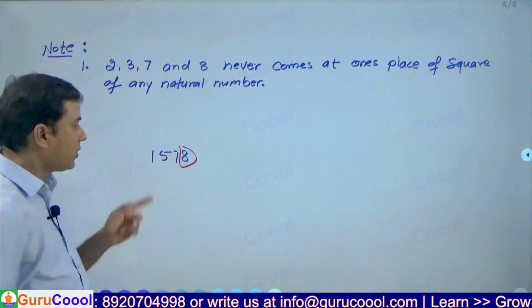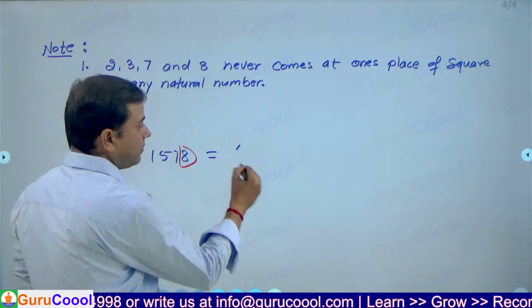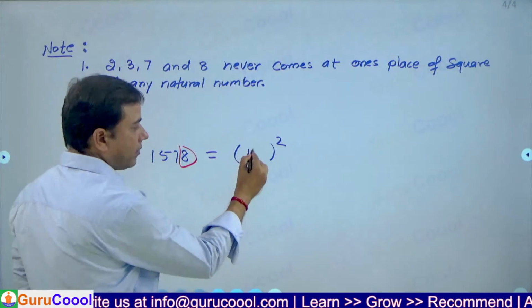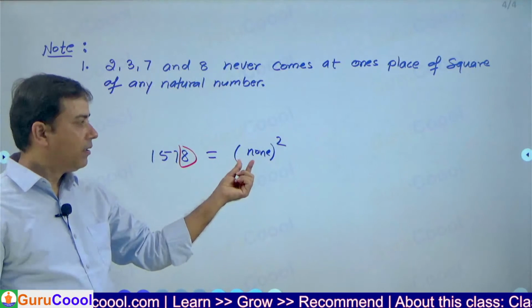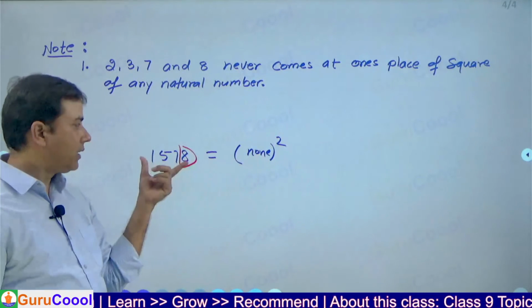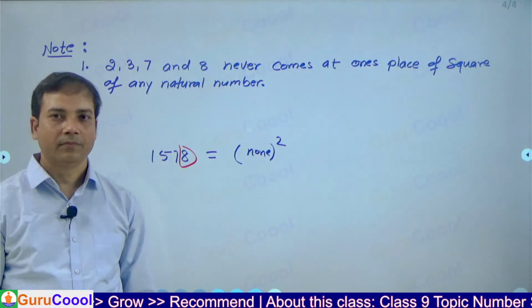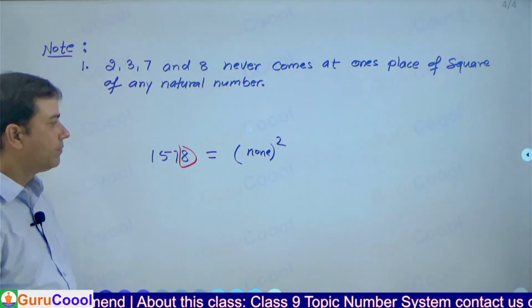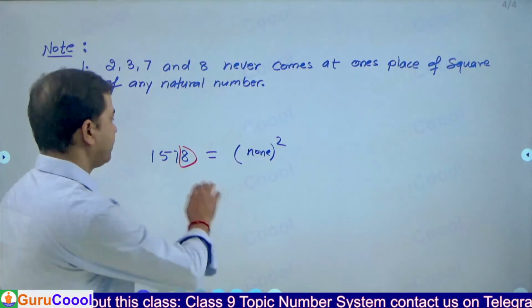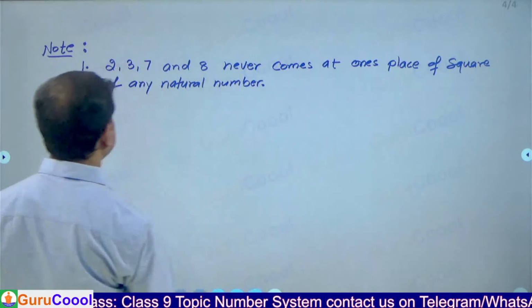So this is the square of none. There is no number squaring which we can get this. Got it? Yes.